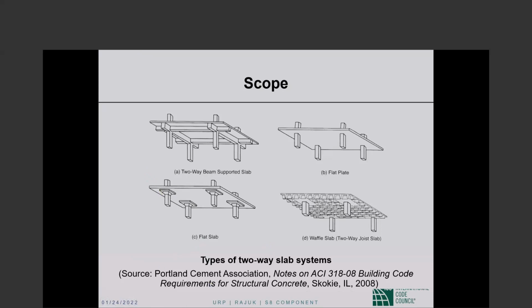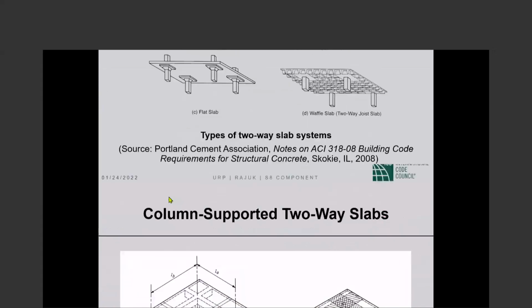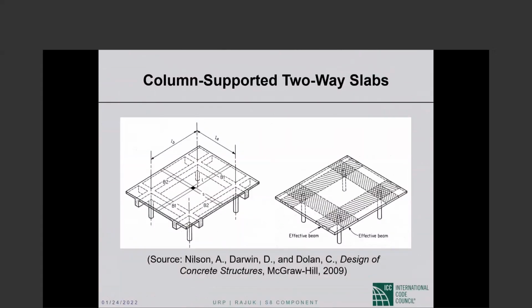Okay. Now it is kind of strange that a flat slab is not flat. Okay, a flat plate is flat, but a flat slab has these local thickenings, making it not flat. But that's nomenclature that we have used for a long time. For the same reason of punching shear, the column top is quite often flared, creating what are called column capitals.